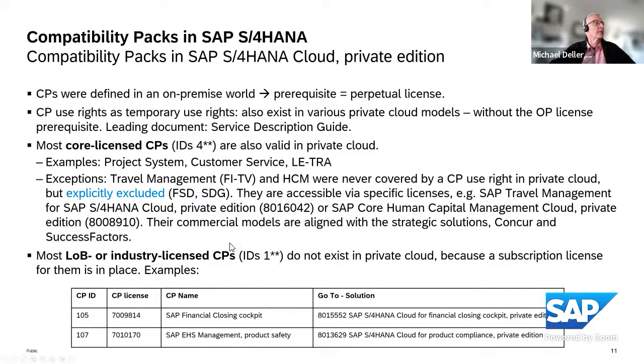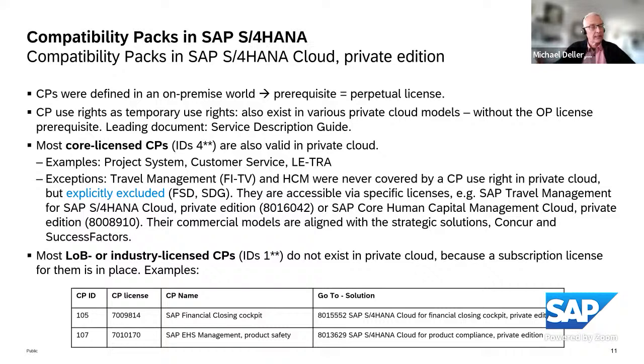There have been a couple of exceptions, like travel management and HCM. We are going to look at those in detail at the end in the examples section. And if you look at the compatibility packs in private cloud, you will also see that the list is definitely shorter. Why?